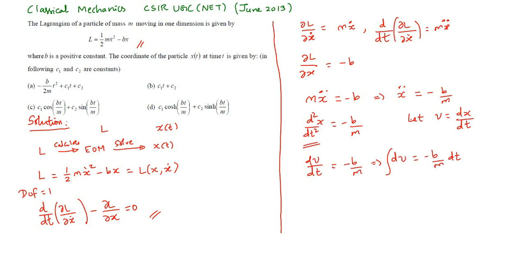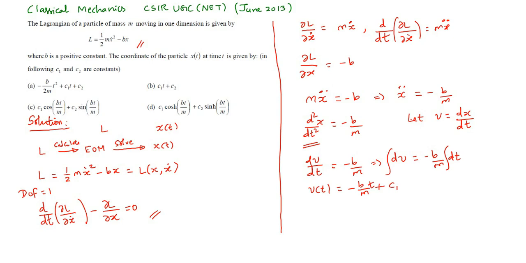Integrating this, we get v as a function of time equal to minus b by m times t plus the integration constant c1.